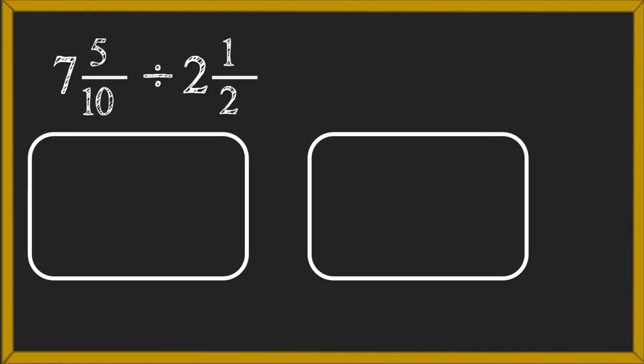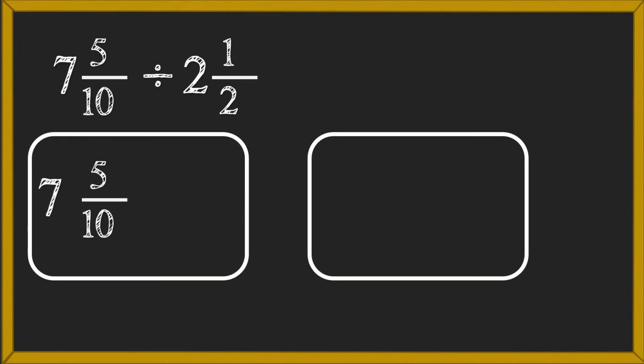Another example. What if we are going to divide two mixed fractions? 7 and 5/10 divided by 2 and 1/2. We cannot proceed to step 1. We need to change these mixed fractions into improper fractions first.